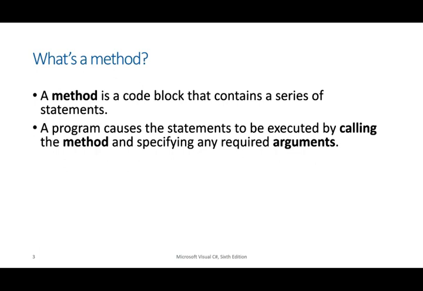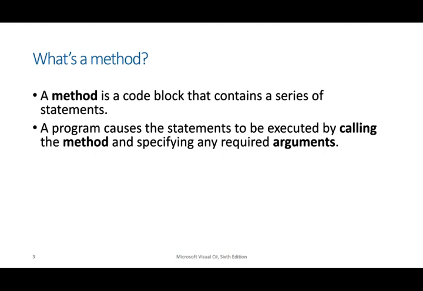So a program that wants to use a method calls the method. You can also call it invoking the method. And when it calls the method, it supplies the method with information it needs to be able to do its job. So think about WriteLine. WriteLine is a method. It's a system-supplied method.